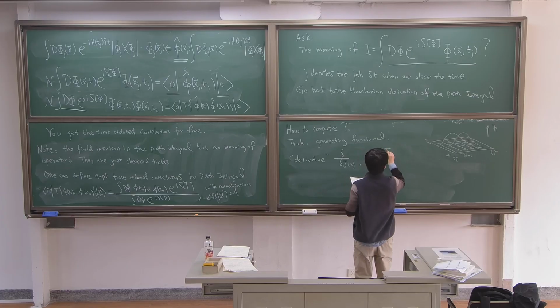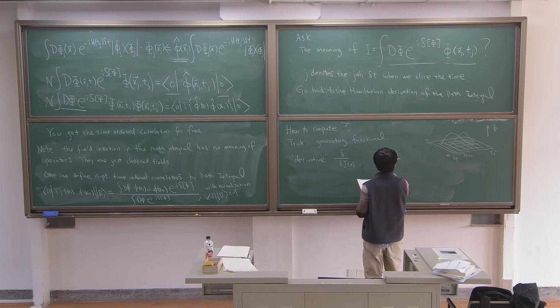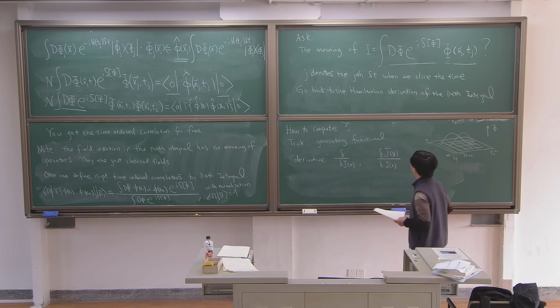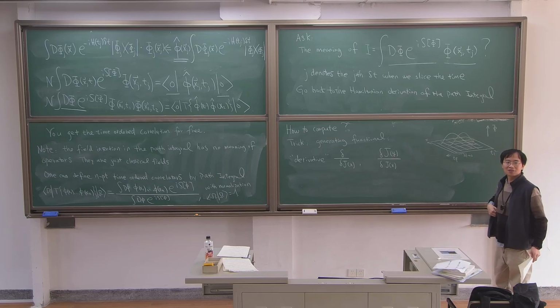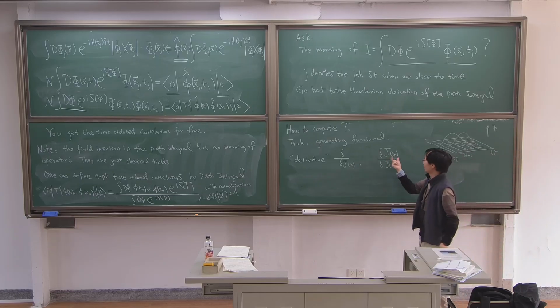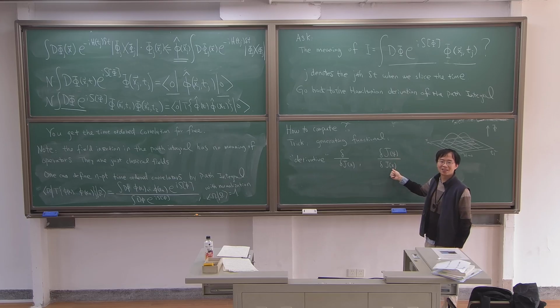So how to understand this one? For example, you can do the variation of J(y) with respect to J(x). This means I fix J everywhere except at the point x. I don't change it anywhere.